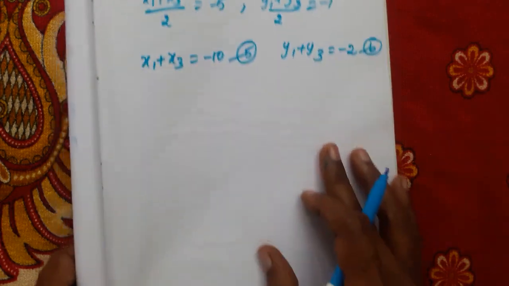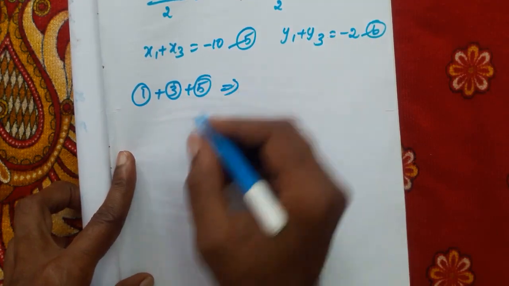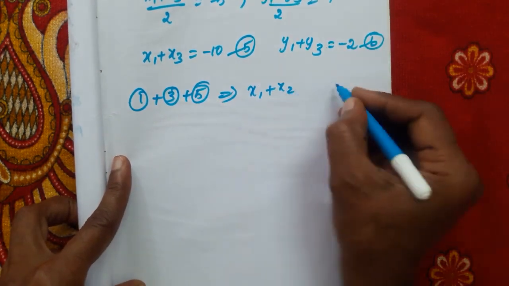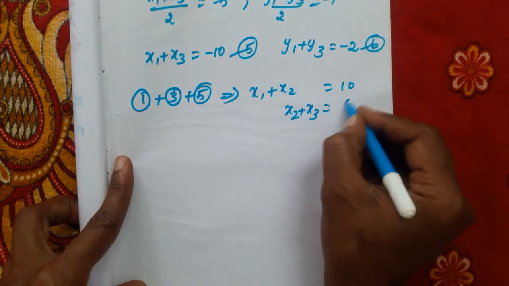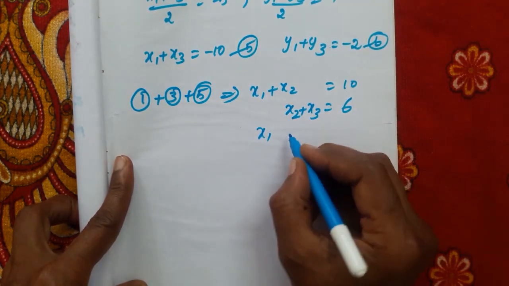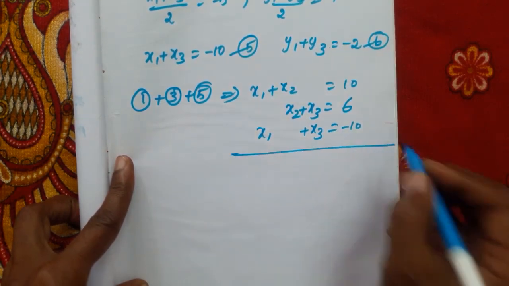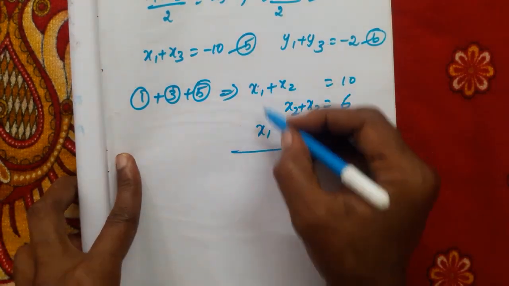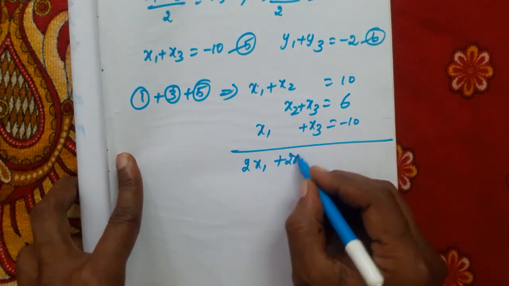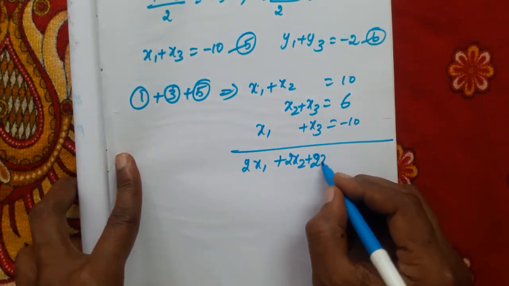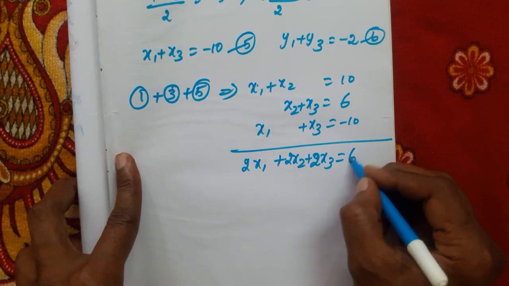When we add equations 1, 3 and 5, what will we get? x1 + x2 is equal to 10, x2 + x3 is equal to 6, x1 + x3 is equal to -10. Adding, x1 plus x1 means 2x1, x2 plus x2 means 2x2, x3 plus x3 means 2x3, is equal to 16 minus 10, which is 6.